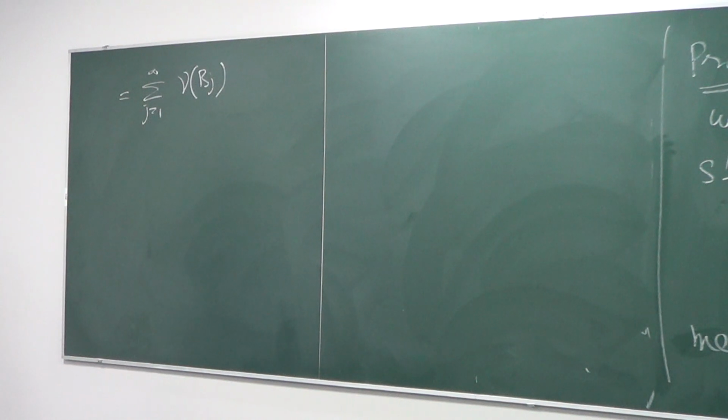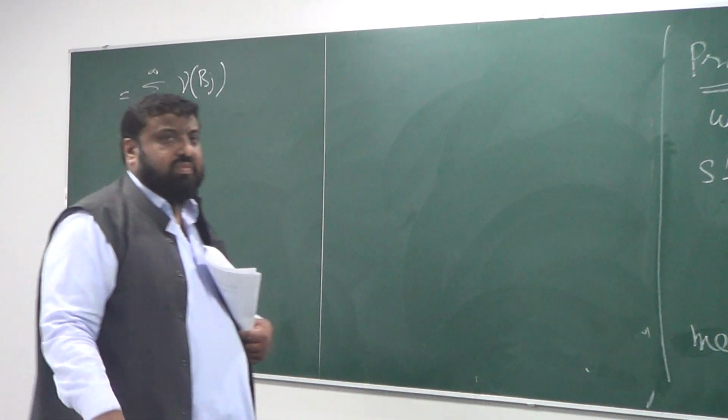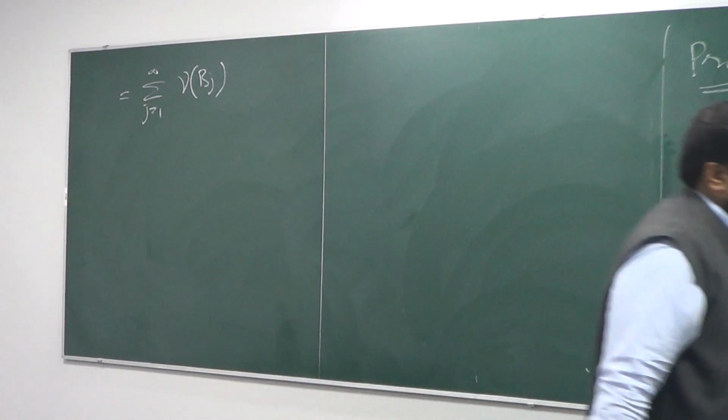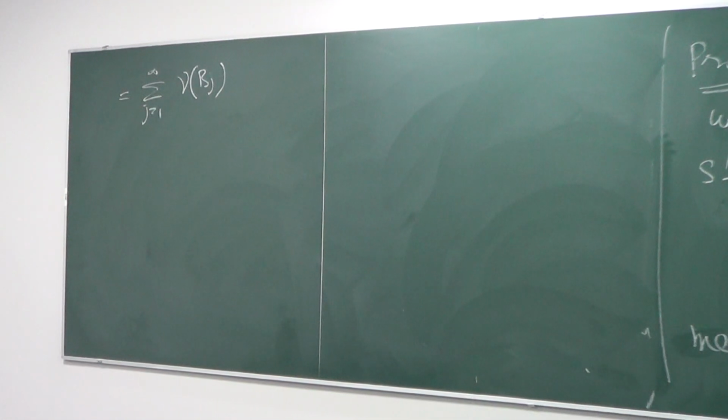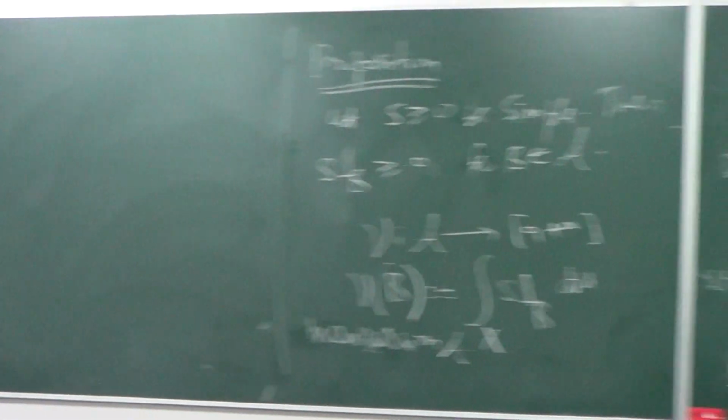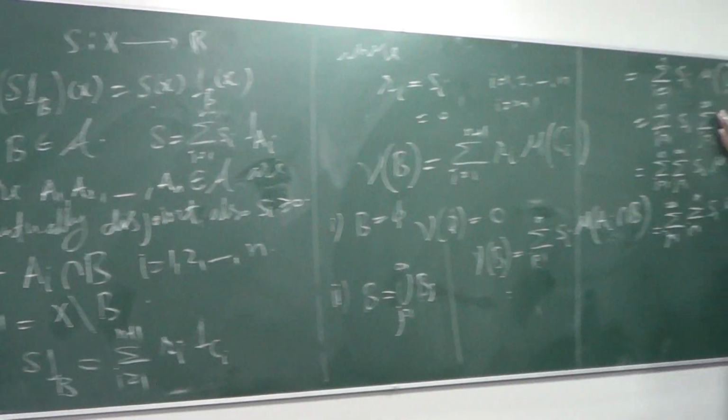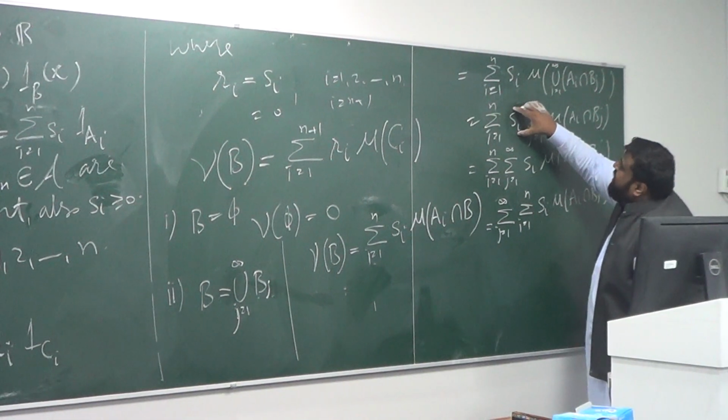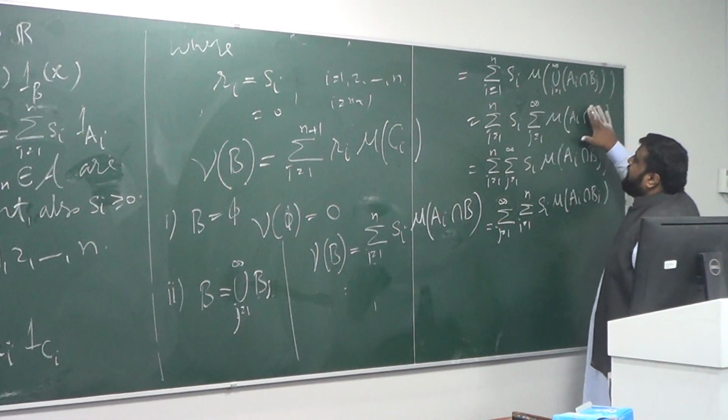Sir, which step follows correctly, the second last or third last? This one. I have this infinite sum and I'm taking this number and multiplying it with the infinite sum.